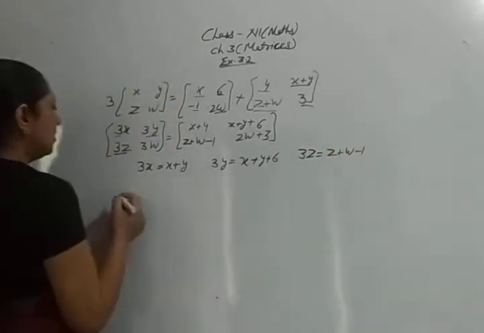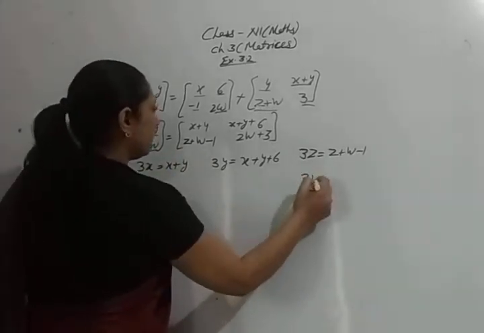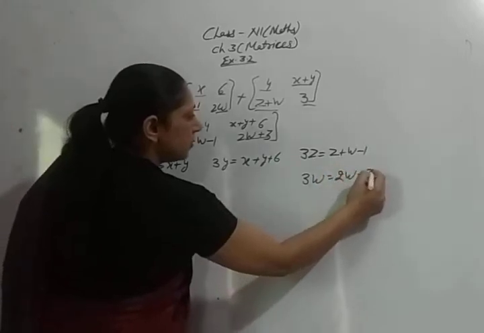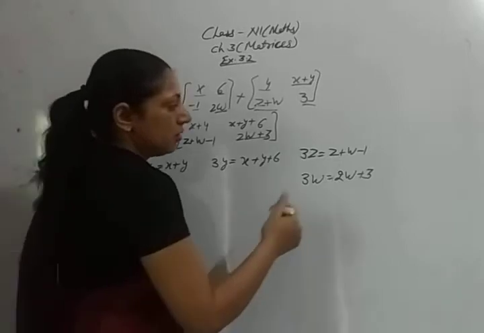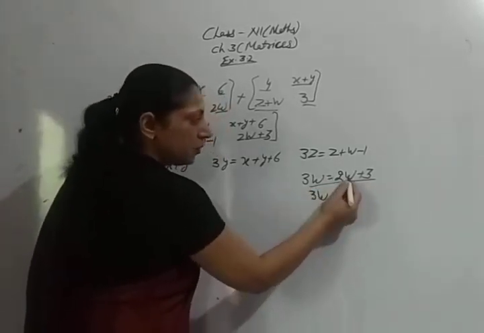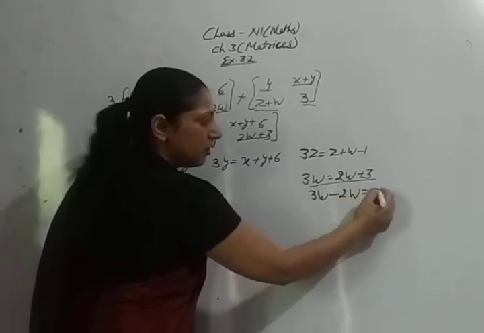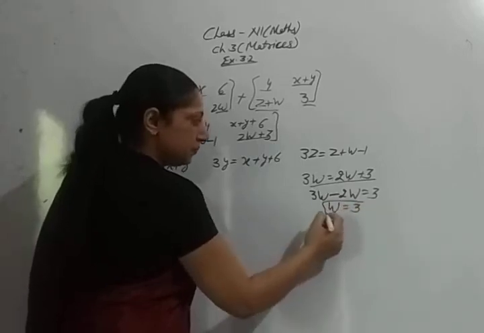And the last one, fourth one, is 3w equal to 2w plus 3. So we have to solve all these four equations. So from this equation, 2w goes to the left side with a minus sign, that is equal to 3. 3w minus 2w, that is w is equal to 3. Our first answer.